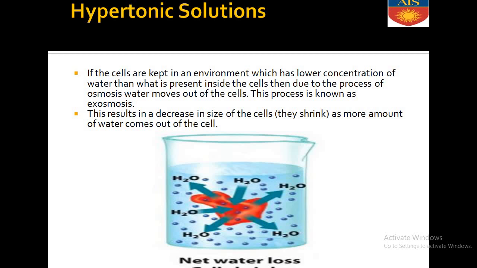Hypertonic solution means the solution which has more concentration of solute. That means outside the cell, the solute concentration is more, and inside the cell, the water content is more. As a result, the water comes out from the cell.